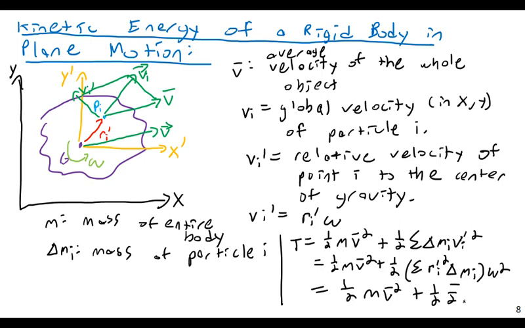So we can now begin to see that the kinetic energy of a rigid body is a combination of translational and rotational kinetic energies. Let me explicitly label this. When we were looking at individual particles, we did not say that an individual particle had rotational kinetic energy. That didn't really make much sense. An individual particle, of course, has no dimensions. It has no length, no width, no breadth.